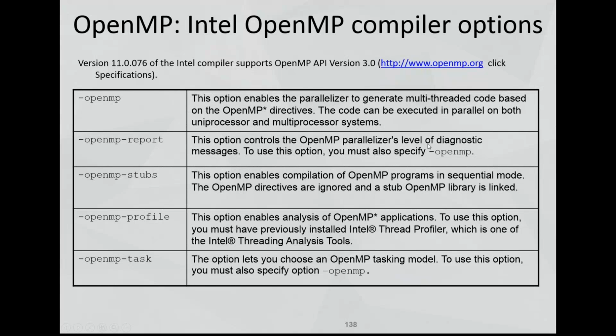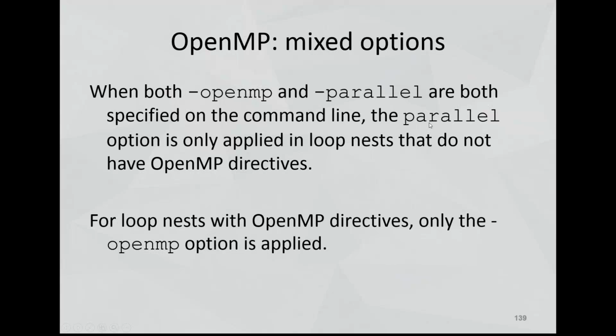So mixed options, you can actually call OpenMP and parallel simultaneously from the command line. The parallel option is only applied in loop nests that do not have OpenMP directives. Intel compilers support hybrid programming, which is using OpenMP and MPI simultaneously. So you don't have to lock yourself into OpenMP.